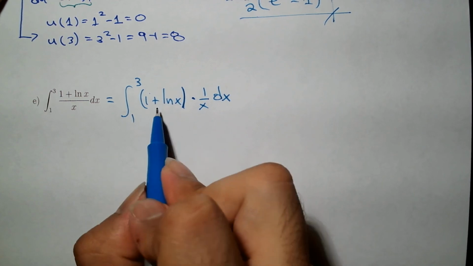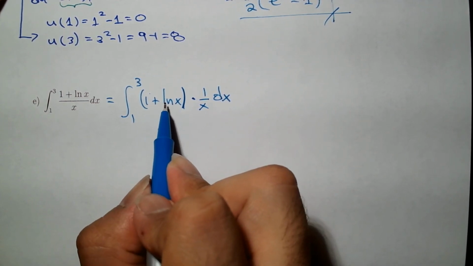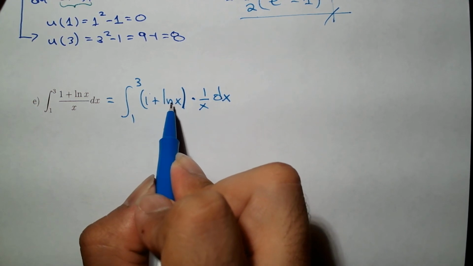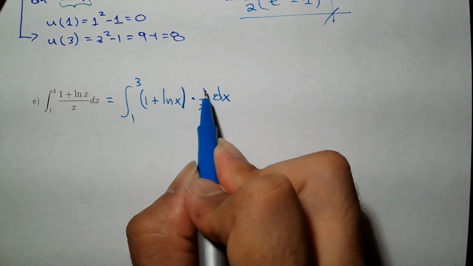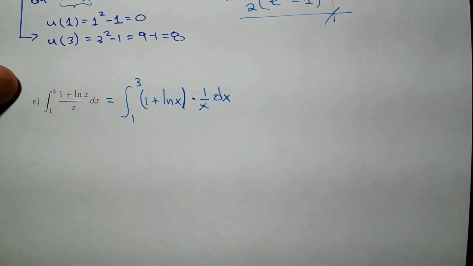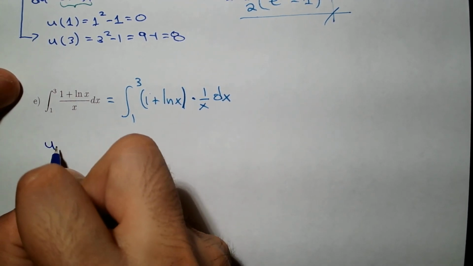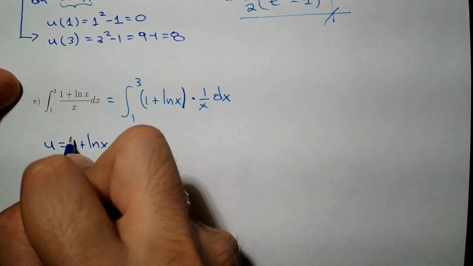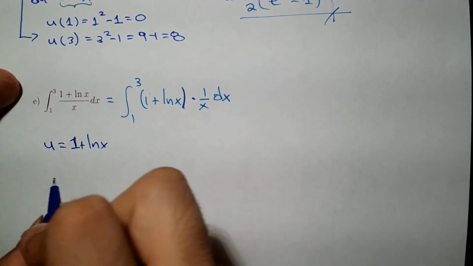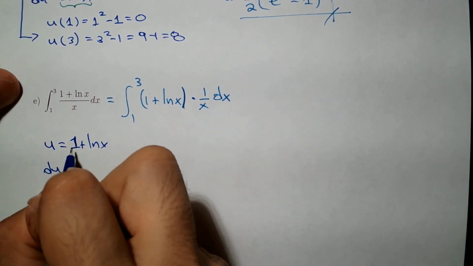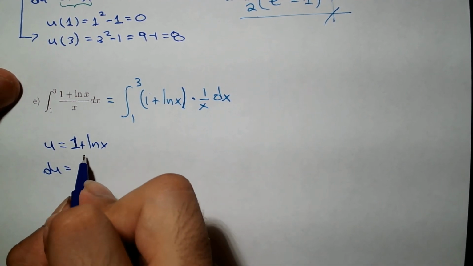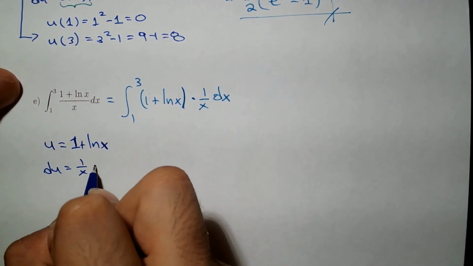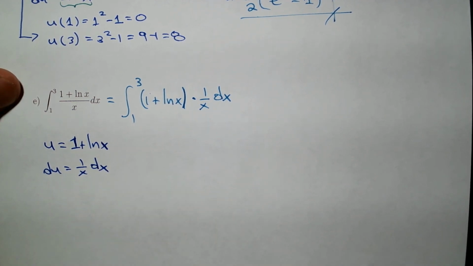Okay. In this case, the quantity inside of the parentheses, if we take the derivative, the derivative of 1 is 0, the derivative of ln of x is 1 over x. So that's why u will work as 1 plus ln of x. So du will be the derivative of 1, which is 0, plus the derivative of ln of x, which is 1 over x dx.